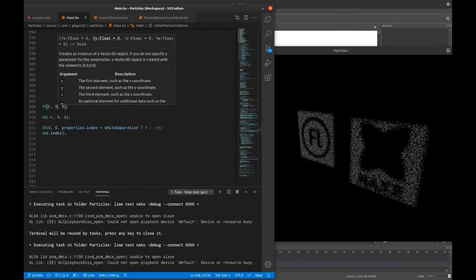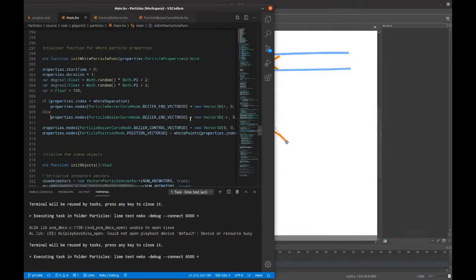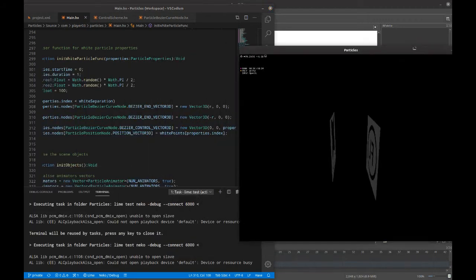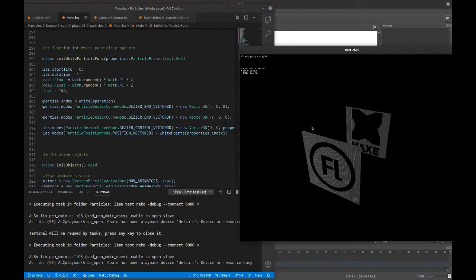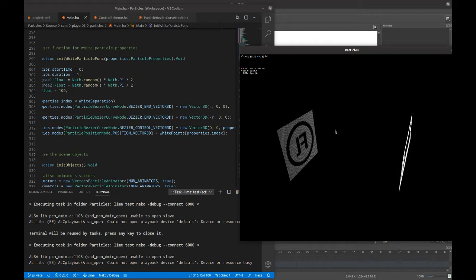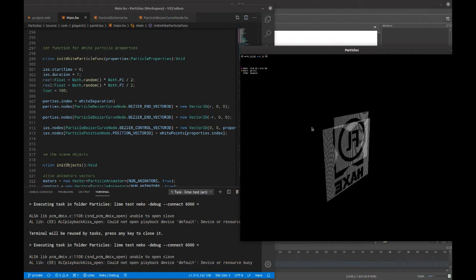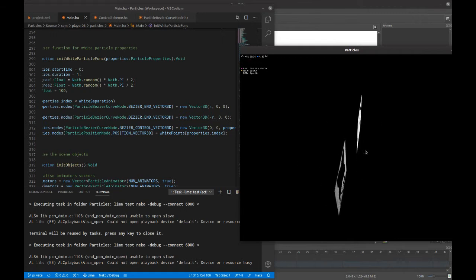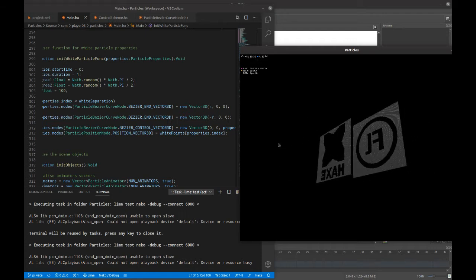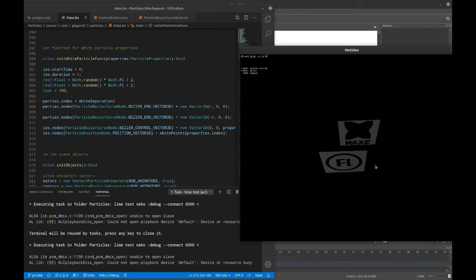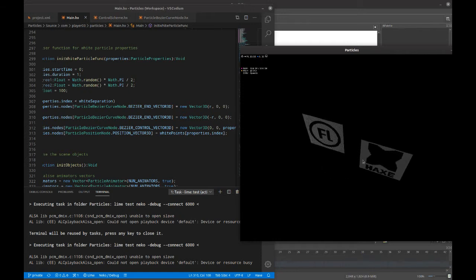I'm going to try bringing back a lot of what the original thing was. Well, okay, I mostly just got rid of the randomness.